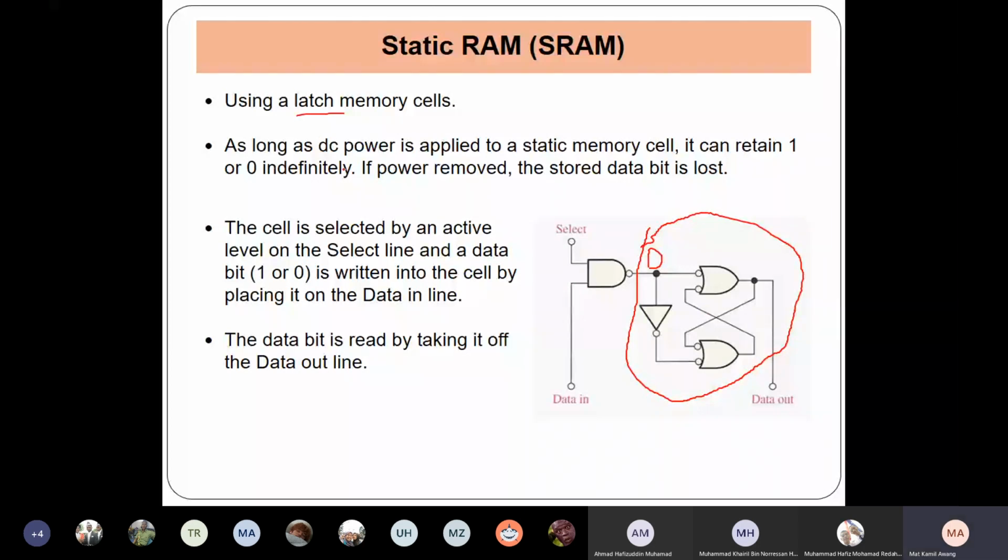As long as DC power is applied to a static memory cell, it can retain 1 or 0 indefinitely. If power is removed, the stored data bit is lost. The cell is selected by an active level on the select line. Remember the enable line, EN, in the latch.